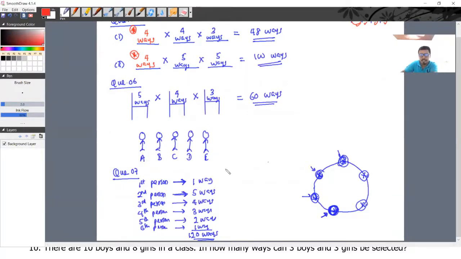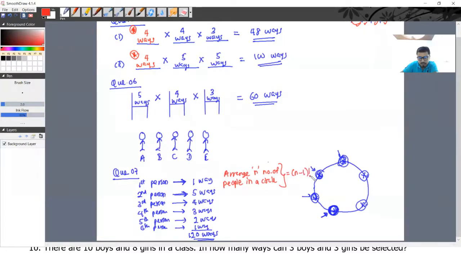So simply we can say, when I write it here, if we need to arrange n number of people or items, let's say people, in a circle, there should be n minus 1 factorial ways.